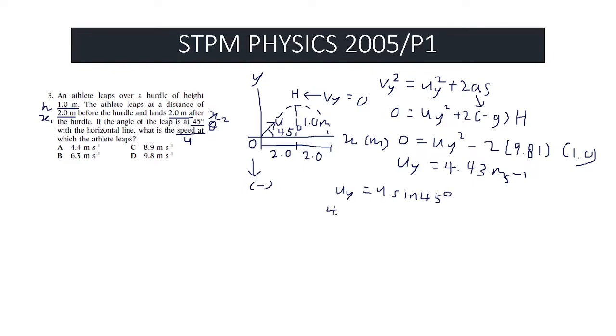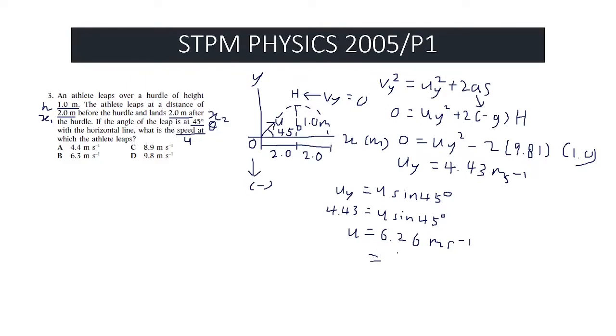We substitute the values inside: 4.43 equals u sin 45 degrees, and u will be equal to 4.43 divided by sin 45. So the answer is 6.26 meters per second.